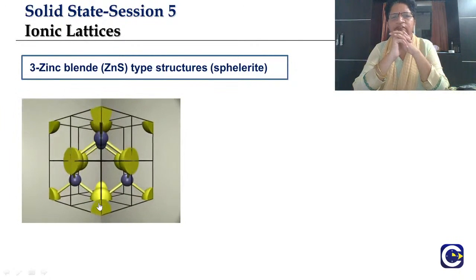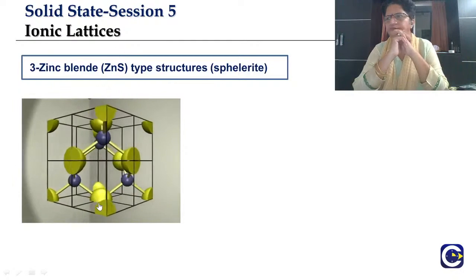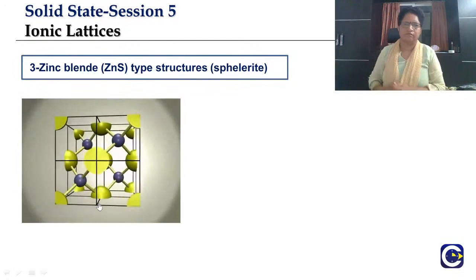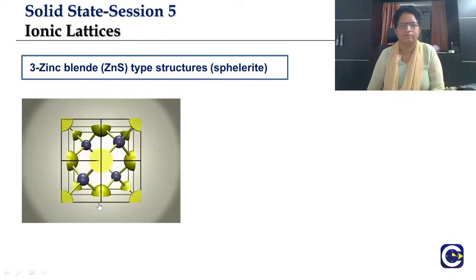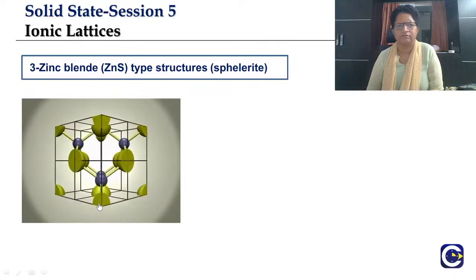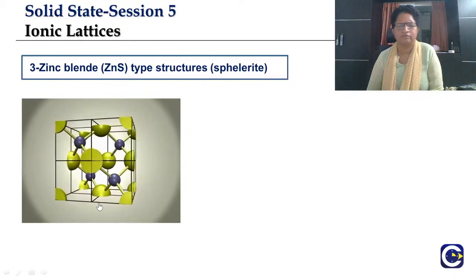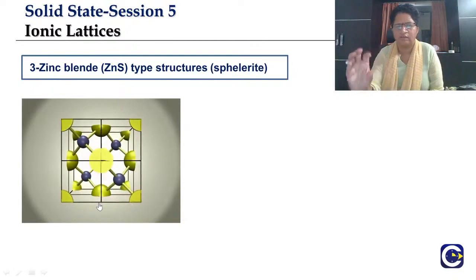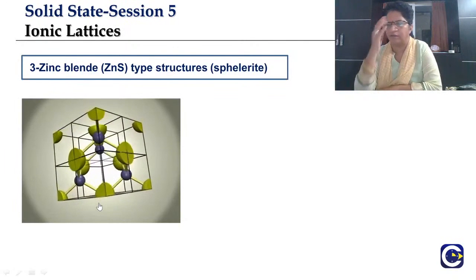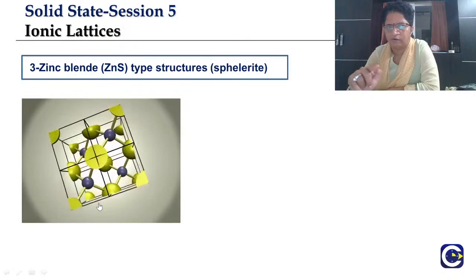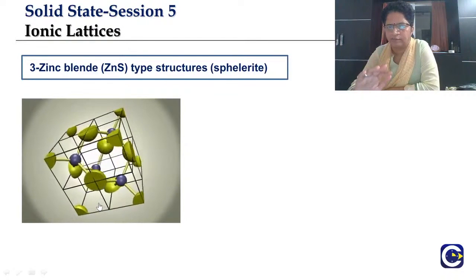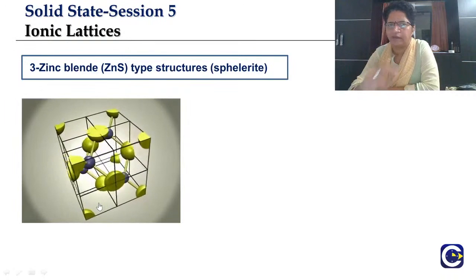So beautifully you can see the arrangement. You can see the ones at the corner, now itself it is shared into half, when shared into four pieces when you cut it into half. It means that it is equally shared by 8 unit cells.